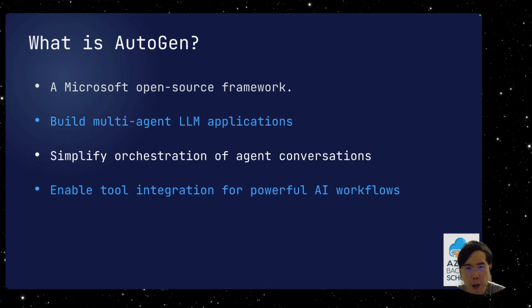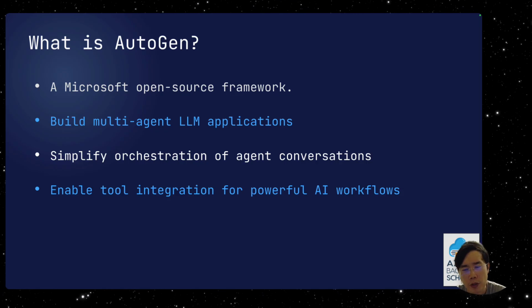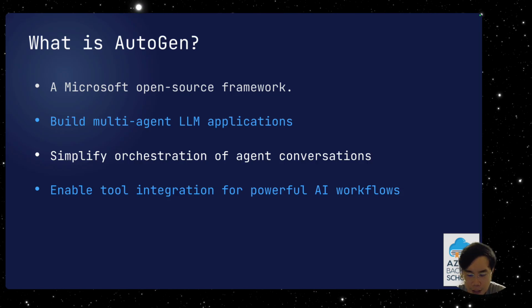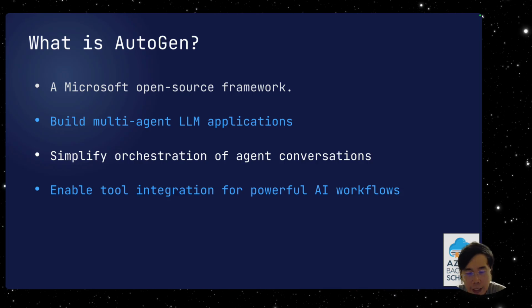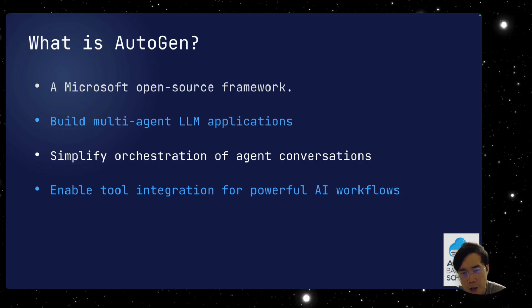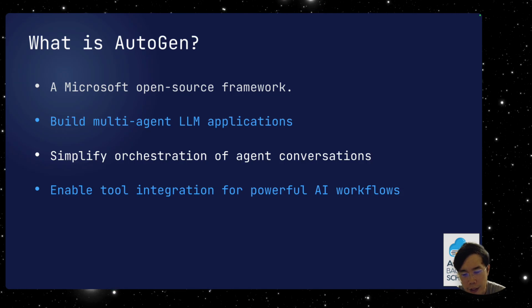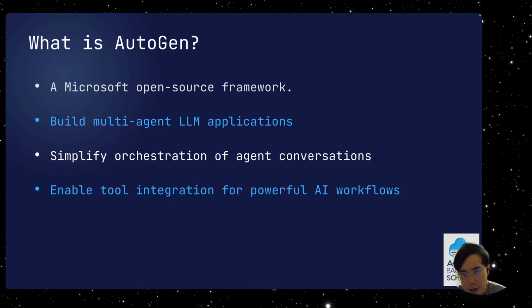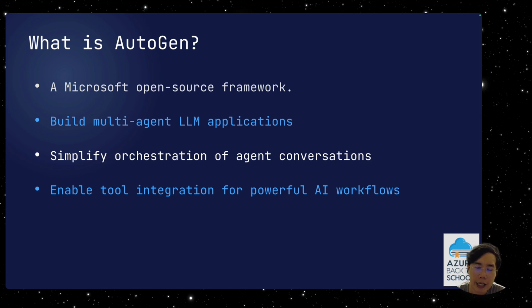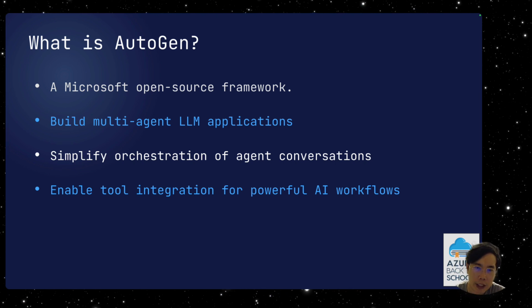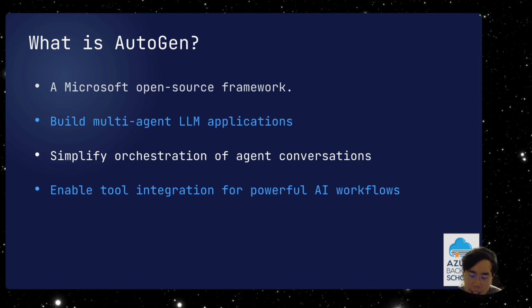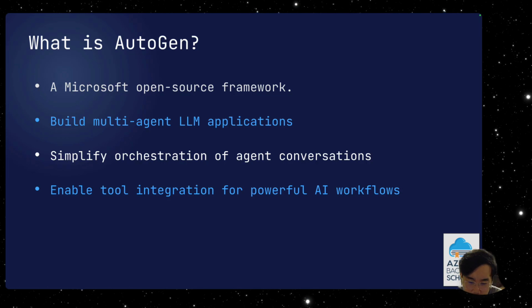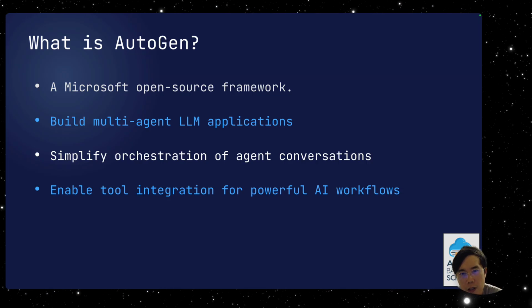AutoGen is Microsoft's open source framework for AI developers who would like to create collaborative AI agent applications, and can design them easily.